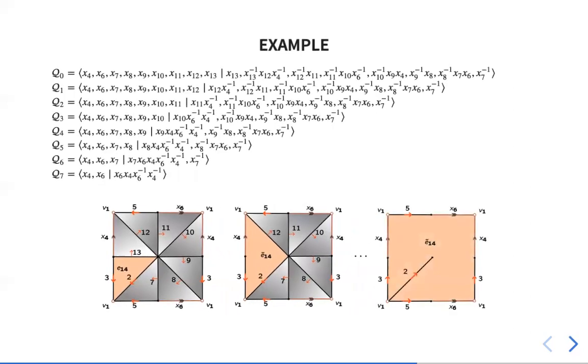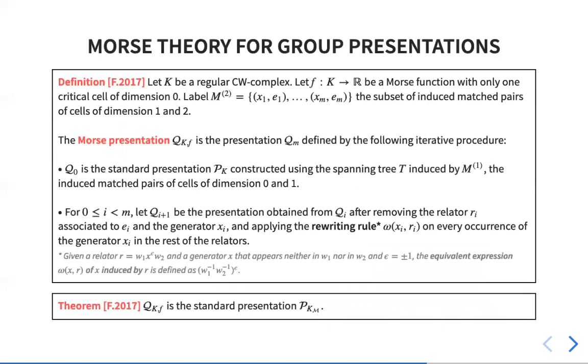We do this until you perform all the internal collapses and you obtain this presentation. Sorry about all these presentations, but they are going to be important in a minute. This is a description of how to perform this procedure, and this is the idea of the algorithm: the presentation that you obtain performing this procedure is the standard presentation of the Morse complex.